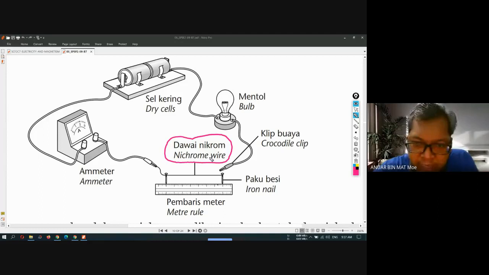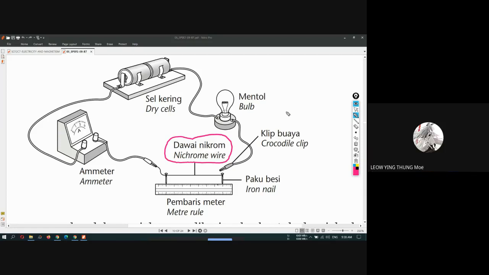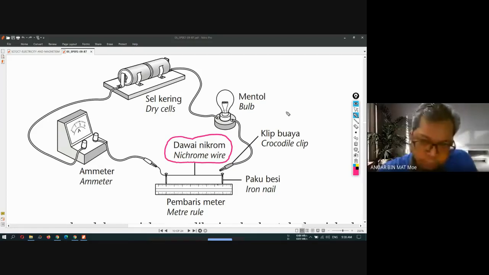The nichrome wire is connected to the bulb, and the bulb is connected back to the dry cell over here. So my question is, what type of circuit is this? Is it a series circuit or parallel circuit? Series. This is a series circuit, right? This is a series circuit because there is only one loop.